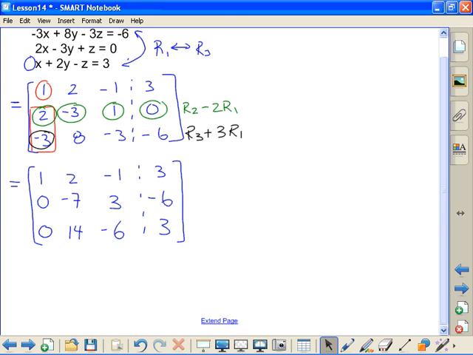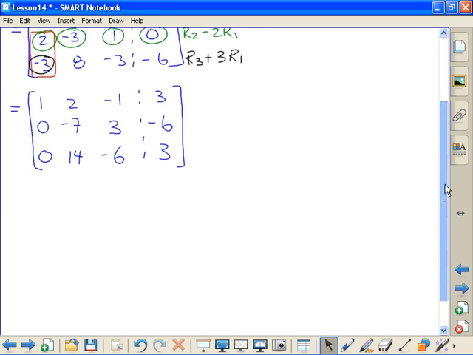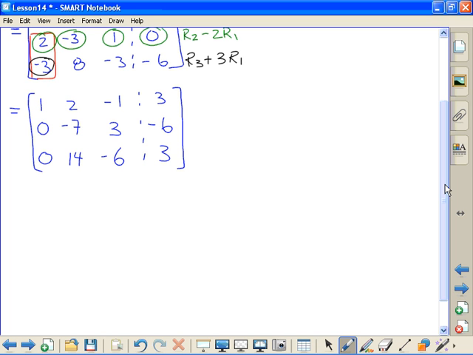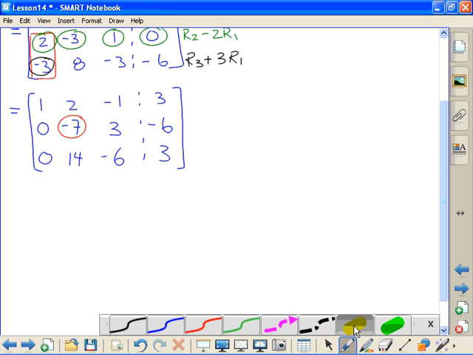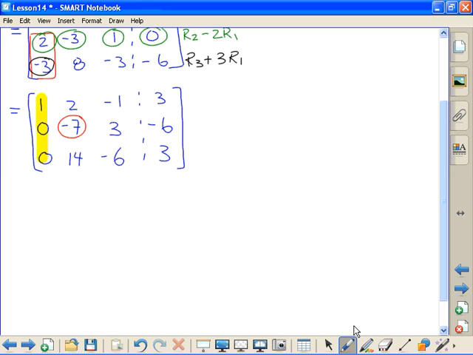Moving along then. My next goal is to make this a 1. So I have my 1, 0, 0, which is the first goal. You need to get 1, 0, 0. Next we need to make it 1, 0, and then a 1. So to make that 7 a 1, I'm going to have to take row 2 and multiply by negative 1/7.